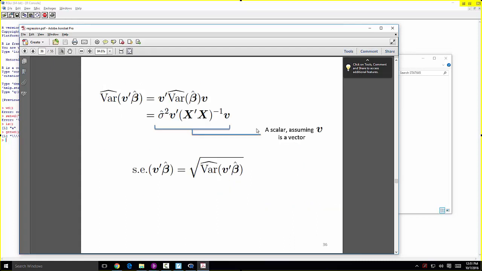And for that, we can make use of our general expressions for the variance-covariance matrix of the betas. In particular, the variance of a constant vector dot product with the random vector beta hat is, we've seen this before, can pull those constants out, but they get pulled out to make like a sandwich form where they're on both sides. And then in the middle is the variance-covariance of beta hat, which we know how to estimate.